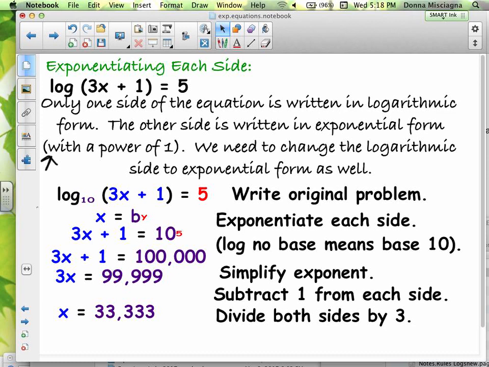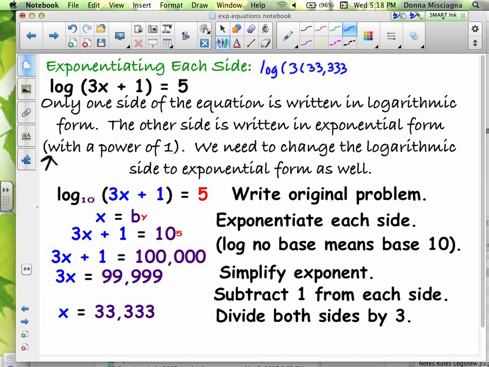However, if you just want to check your solution, it's pretty easy to do so that you can just check, hey, my answer is correct. And it may be a good idea so you don't forget to always check it when it's log equals a log. So we have 3 times 33,333 plus 1 equals 100,000. So that would be log of 100,000 equals 5.